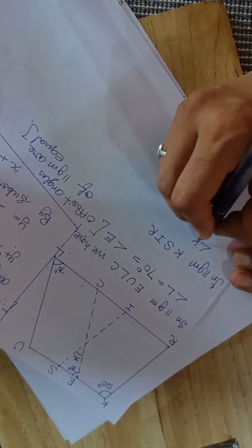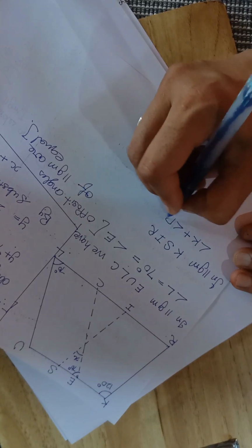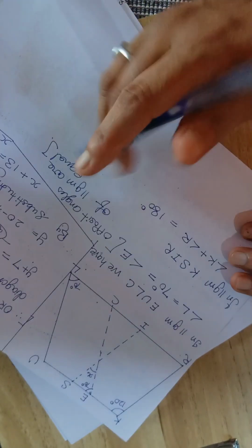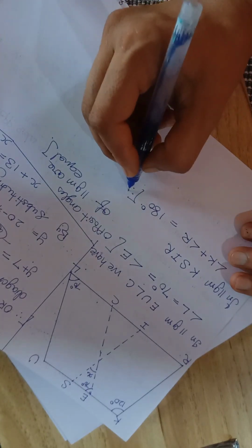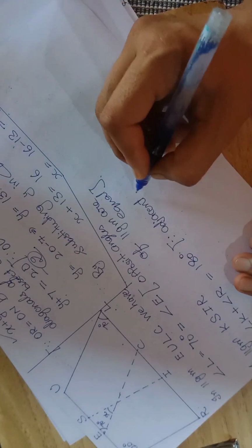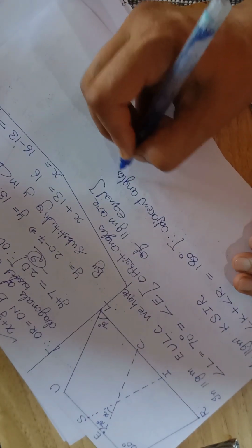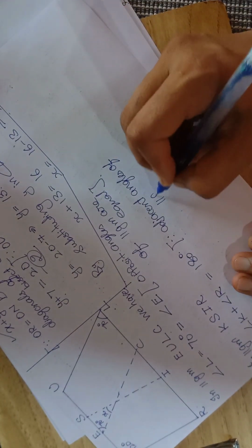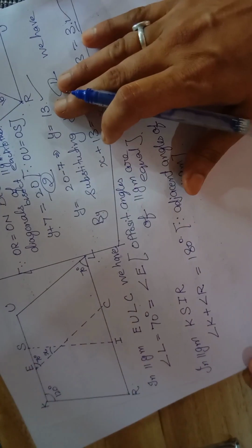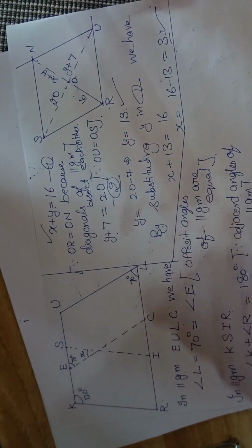Angle K plus angle R, that is equal to 180 degrees, because adjacent angles of a parallelogram. Children, what are adjacent and what are opposites?